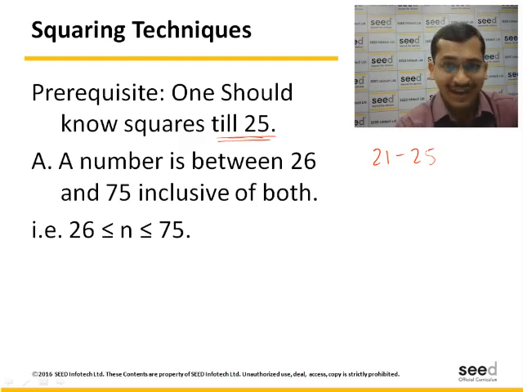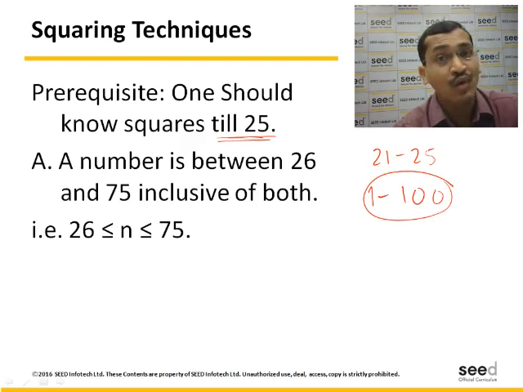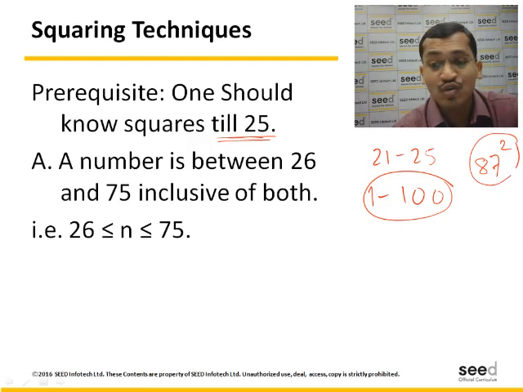As of now, let us see the actual method. By this method, we will be able to do the square of any number between 1 to 100. That is a big achievement because tomorrow in an exam, suppose I have to calculate 87 square, then with the help of these methods, I can do that within 5 seconds.